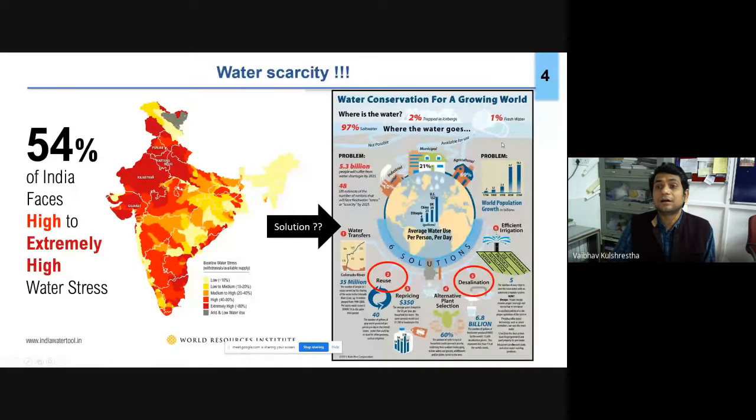In total we depend only on the 1% of fresh water, of which we consume 21% for ourselves, 10% goes to the industries, and 69% goes to agriculture. So reuse is the only way to recover this water, and desalination is another way where salt water can be desalinated.